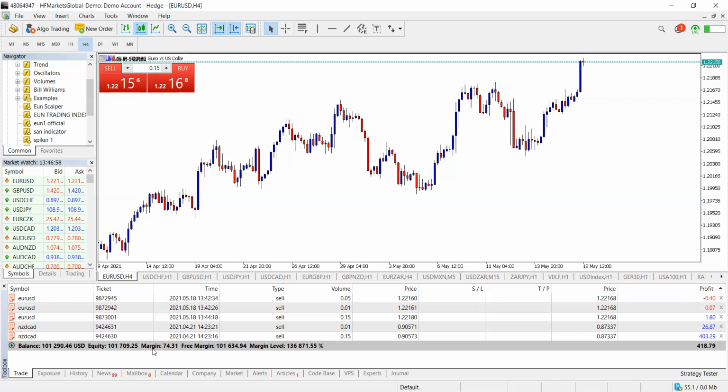Margin: whenever you take a trade, after the lot size, there's money that the broker holds for you. It's called margin.